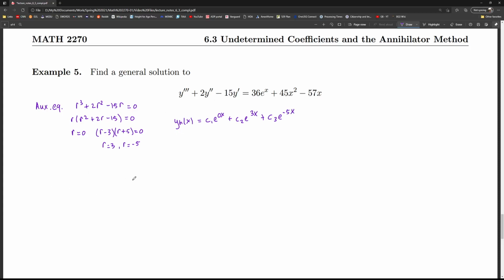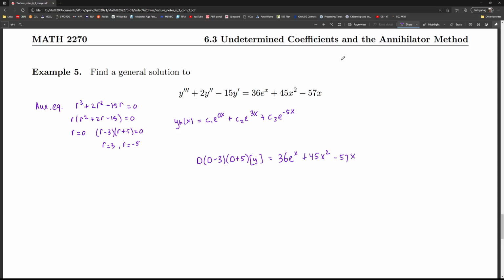So now let's take a look at that differential equation again, and I'll write it in factored form. So we had D times D minus 3 times D plus 5 of y equals 36e to the power x plus 45x squared minus 57x.